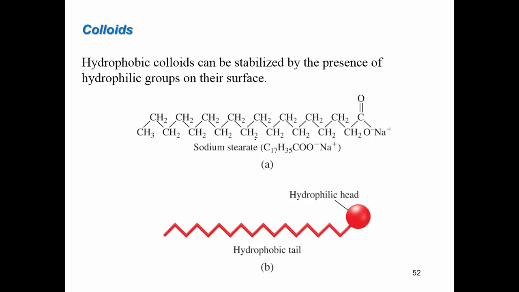Now, hydrophobic colloids can be stabilized by the presence of hydrophilic groups. An example of this is a soap. This is sodium stearate. Here you have your polar end, so this is hydrophilic, and this is the hydrophobic tail. And what happens with soaps is, depending on the soil type, let's say it's an oil soil, then the hydrophobic tails will form what's called a micelle, with the polar ends on the outside like this.